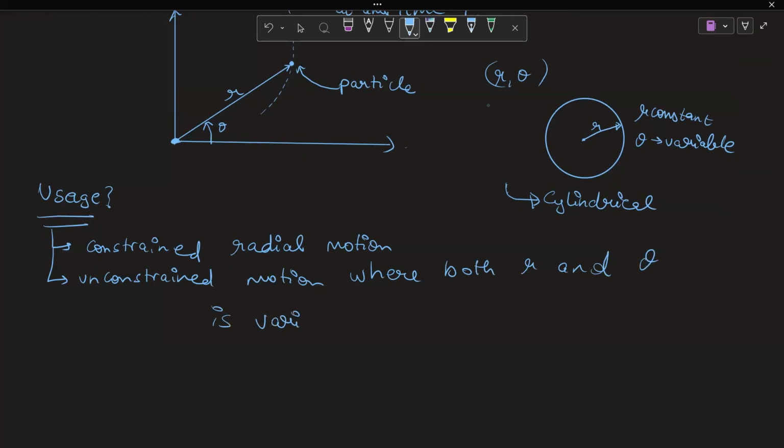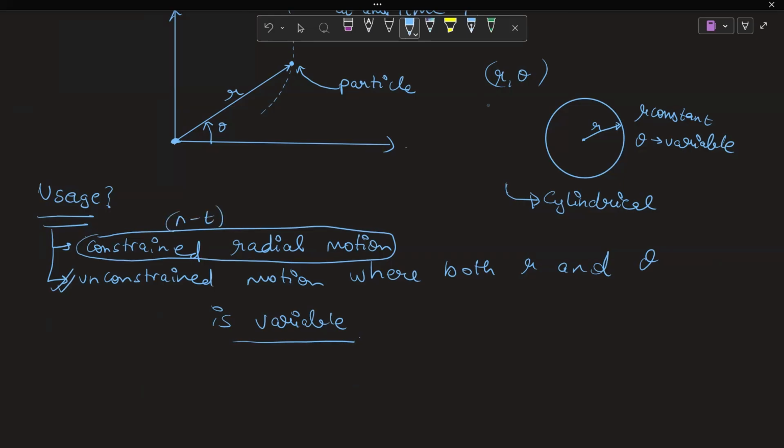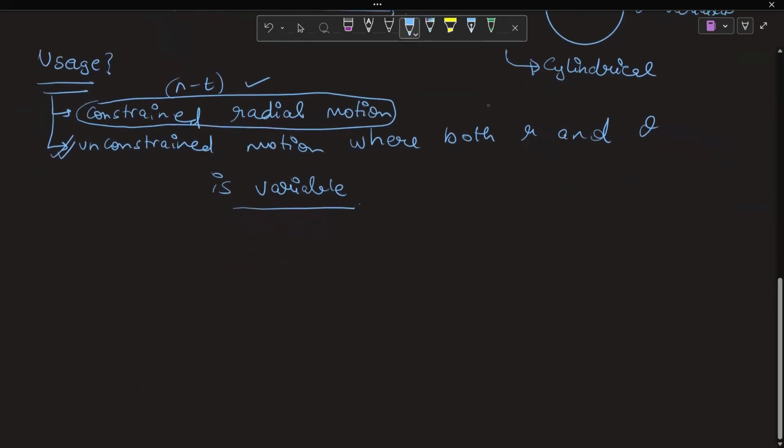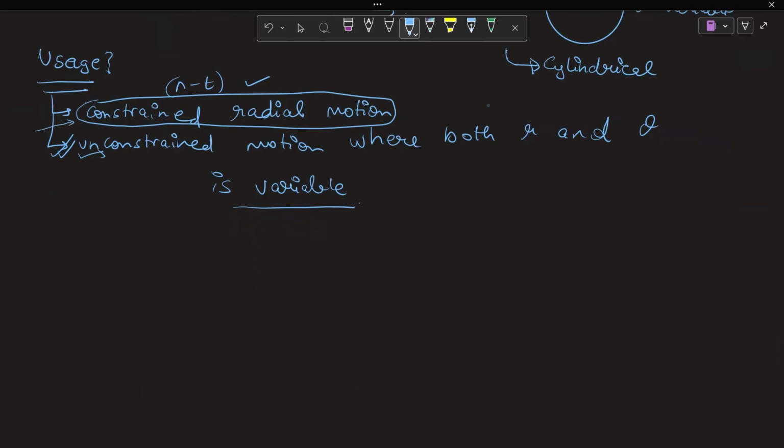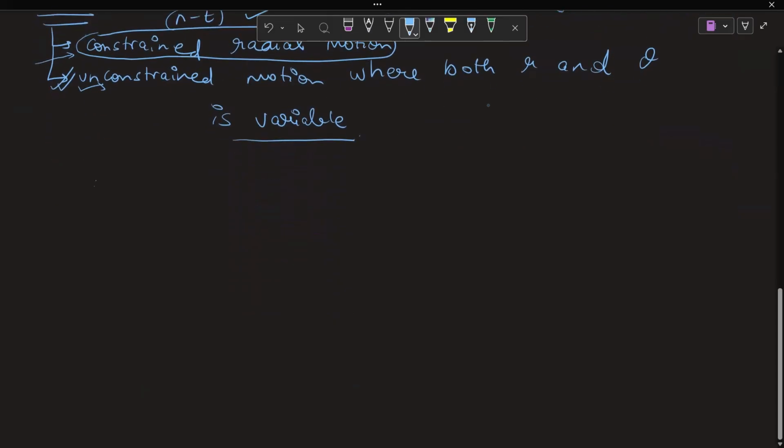And we'll study some examples related to this part later in this video, because all the examples of this can be solved by NT, normal tangential coordinates as well. So we'll focus more on this, and you can solve these questions with the help of cylindrical coordinates as well. So basically, what is the theory of this?